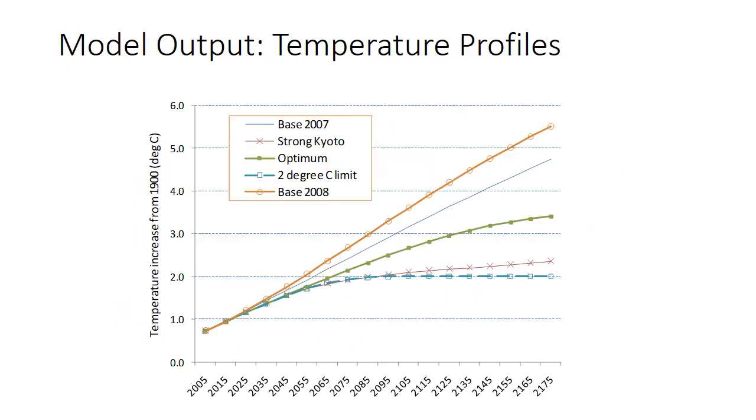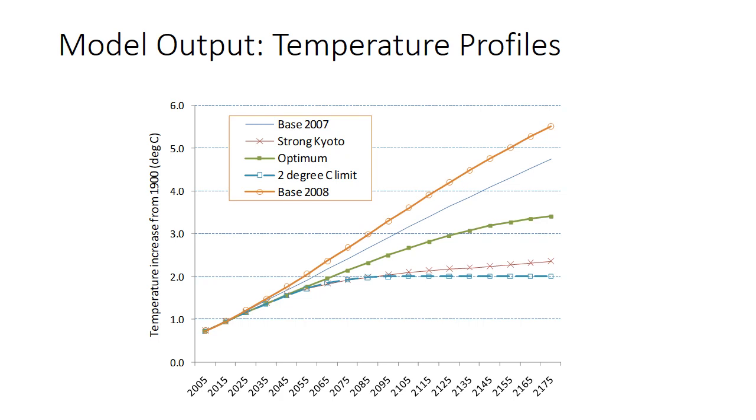Here are the temperature profiles over time for the different scenarios. You can see the base case scenario, the blue line in 2007 versus the base case in 2008. The temperatures are going to be increasing fairly linearly for both base case scenarios. This is if we do nothing.